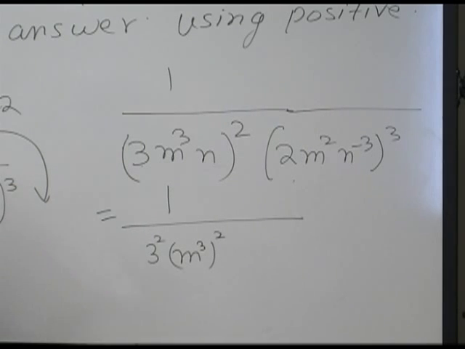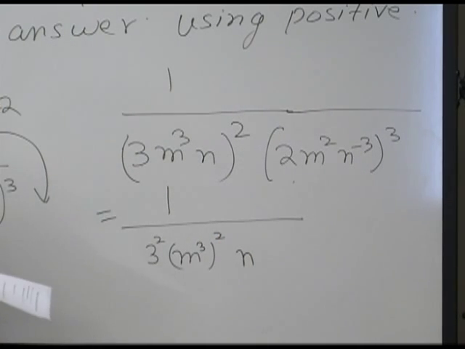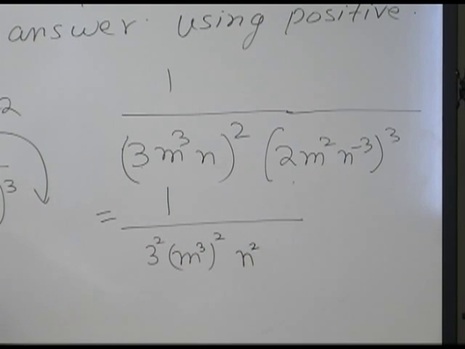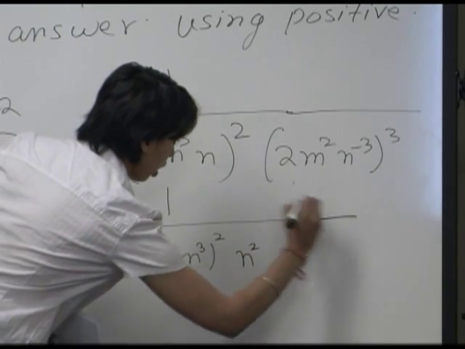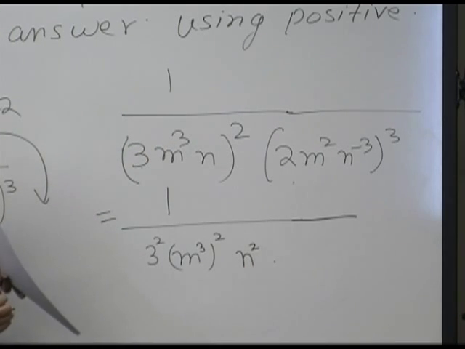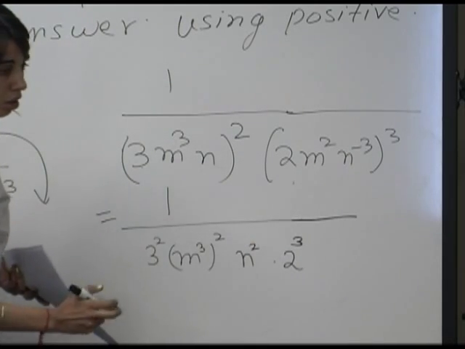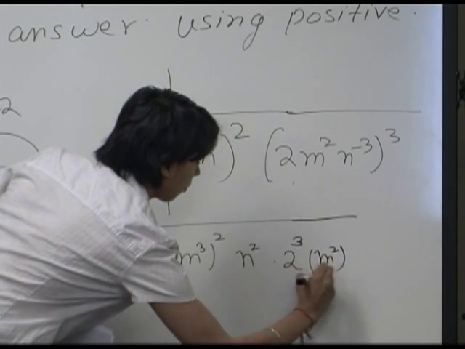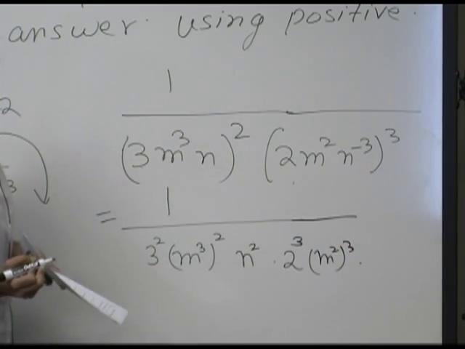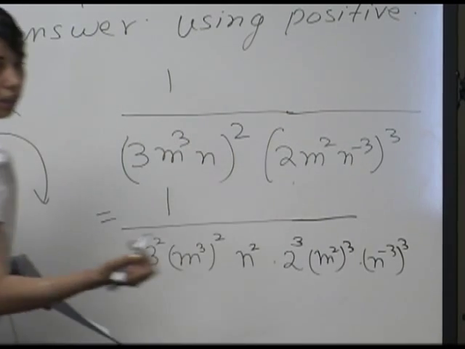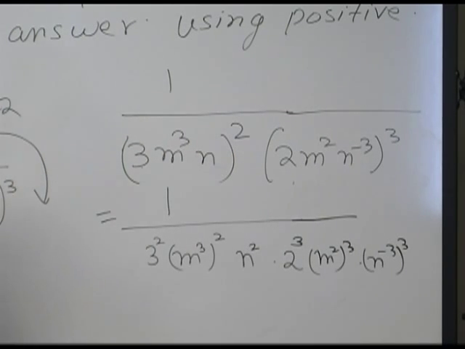What about the next one? n to the second power. You're going to do the same thing with this one. So what about this one? What does this side become? 8, or 2 to the third, good job. What about this one? m to the 6. And this one? Negative 9. Negative 3 times 3 becomes negative 9, right? All right, let's see this one. Can I raise this side?